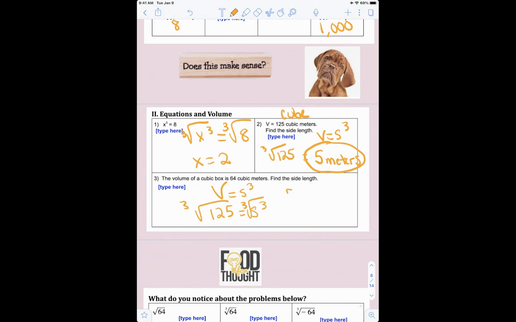So we know that our 5 is our side length. Oh, I'm sorry, it's 64. Let me change that, 64. That was the problem above. So the cube root of 64 is equal to 4. And again, we need our units of measurement, and it's 4 meters.